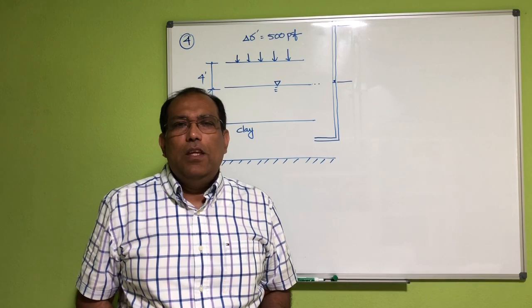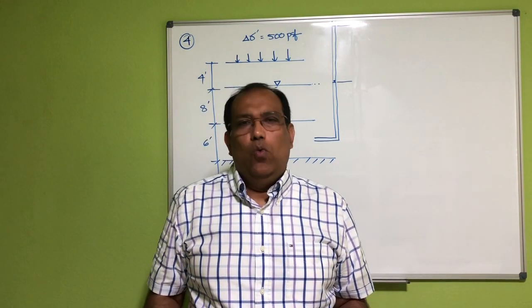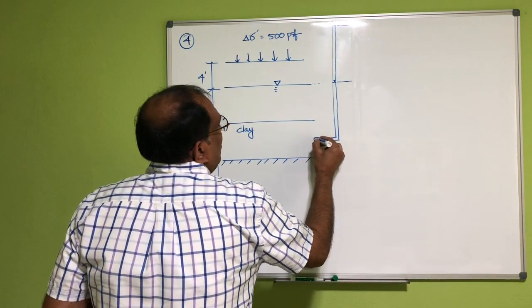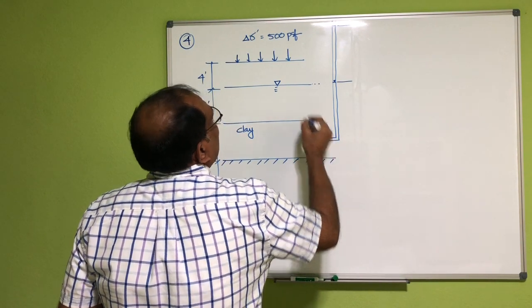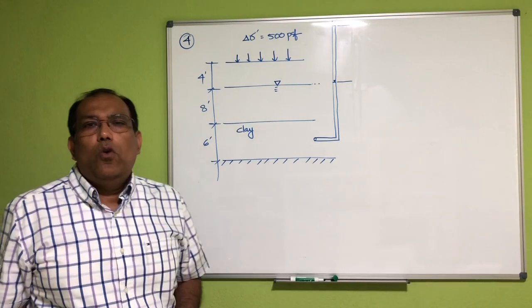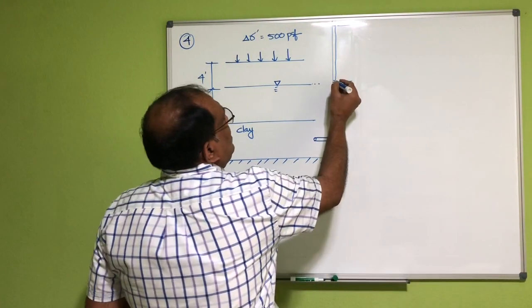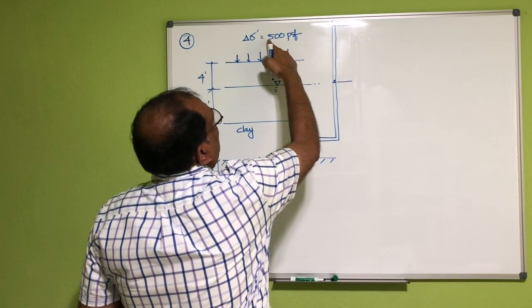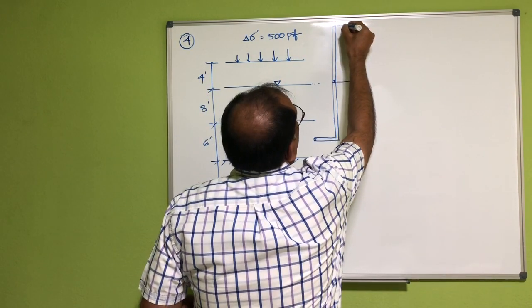Definitely we know from the theory that all the load would be taken by pore water pressure. So you will see that piezometer here which measures the pore water pressure. All of a sudden this whole thing will be taken by your pore water pressure. We call that excess pore water pressure. So this is the initial pore water pressure, then now you see the excess pore water pressure because of this pressure here.